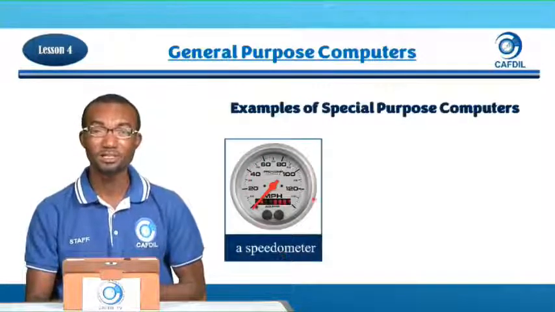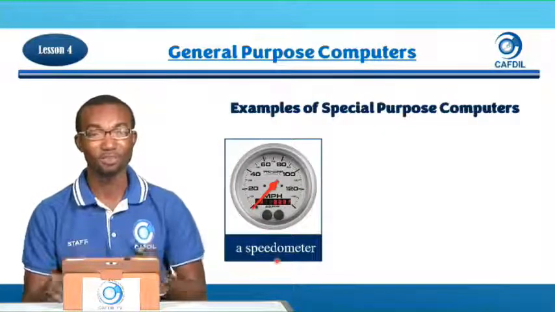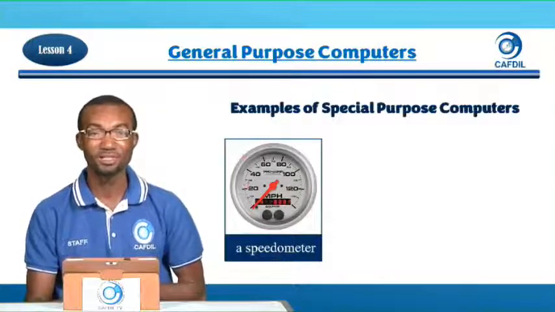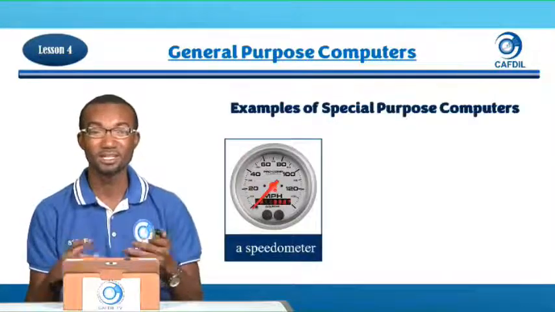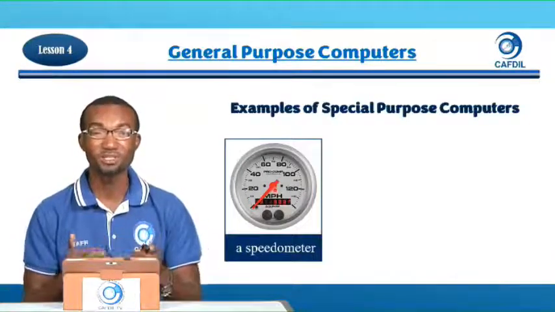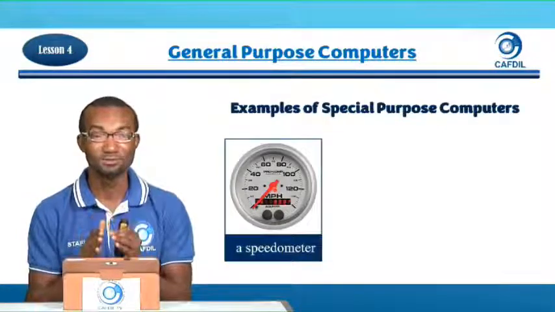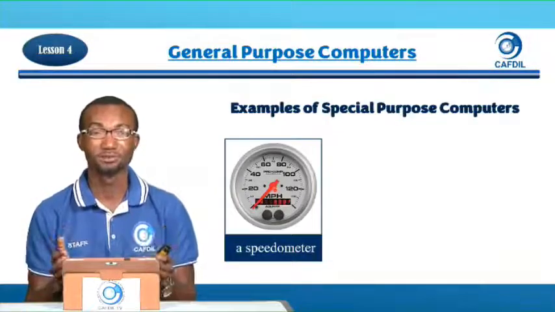If I don't use this device to measure the speed of objects, I cannot use this as a wall clock. I cannot use this for any other thing. It was built to check the continuous speed of an object. Apart from that, this device is useless.